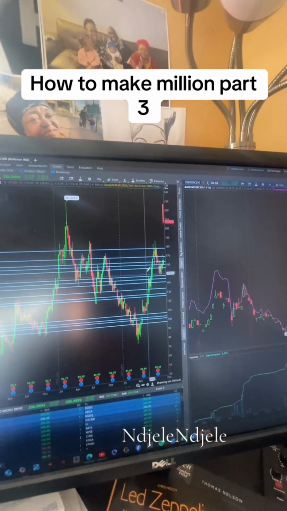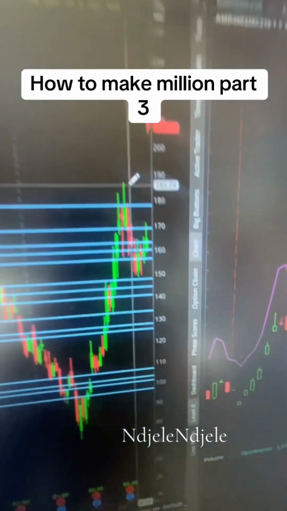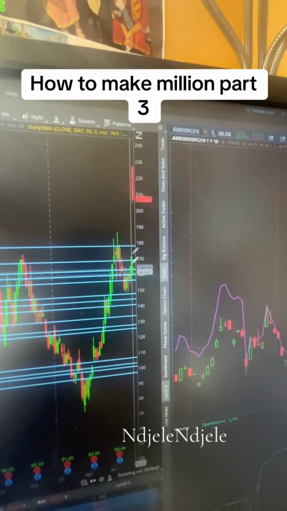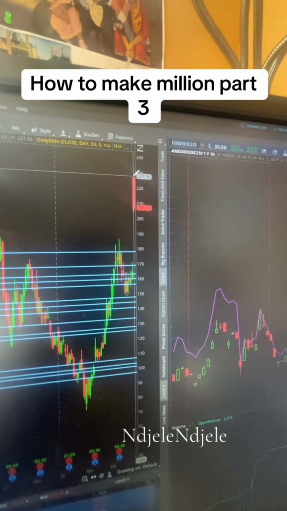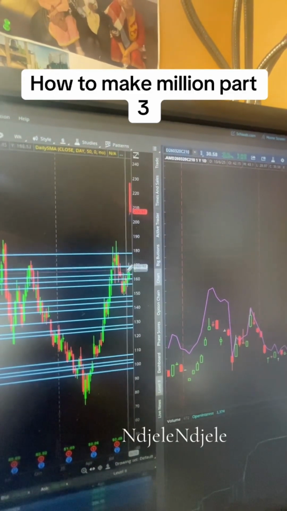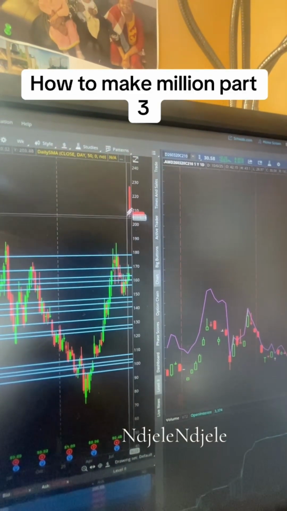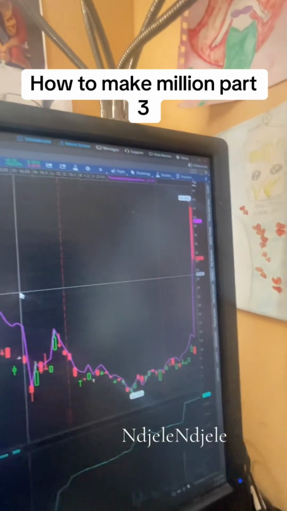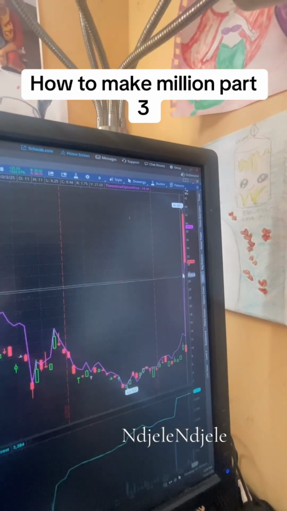While here in the stock, you went from 150 to 227. That's $50 that you made, right? If you had one share, you made $50. But here, if you have one contract, you made $4,000.